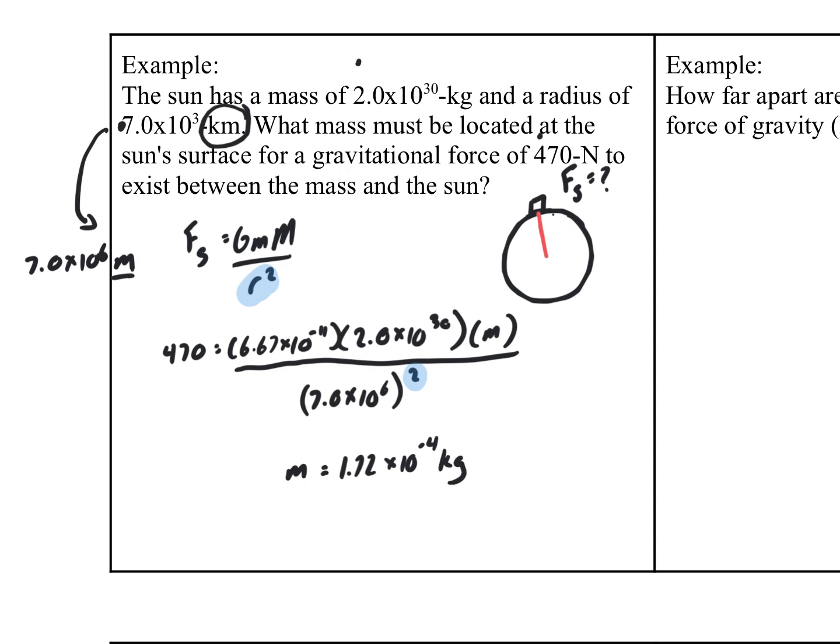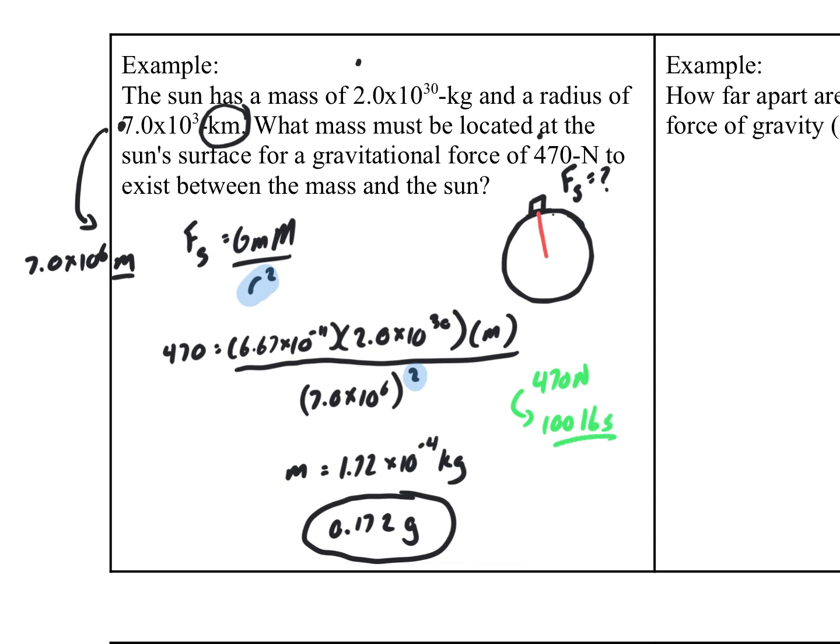Well, when you think about it, this is 0.172-ish grams. This is a really small mass. So what that tells us is the sun must have a really big gravitational pull on the surface, right? When we think about it, this 470 Newton weight on Earth would be close to about 100 pounds, okay?